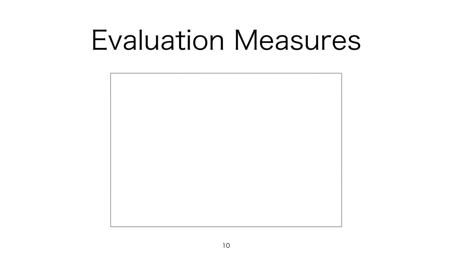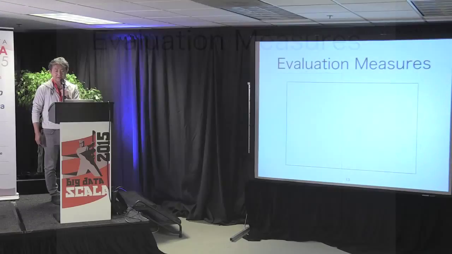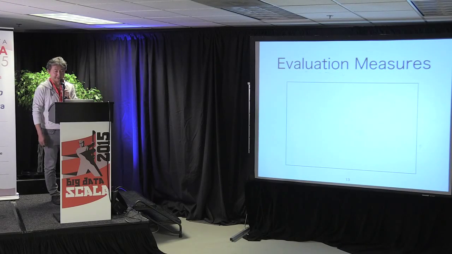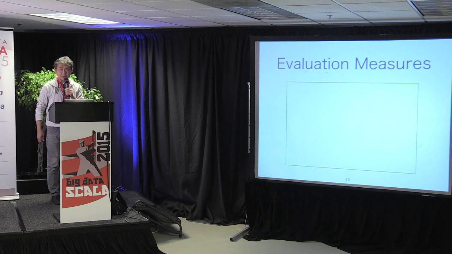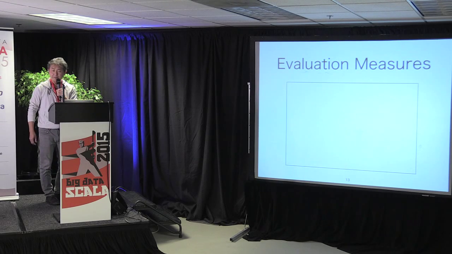I'm going to illustrate 2 evaluation measures that are very popular in the IR field, the precision and the recall. They are often used in the field of machine learning or NLP. So you may be familiar with these measures, but let me explain them quickly.